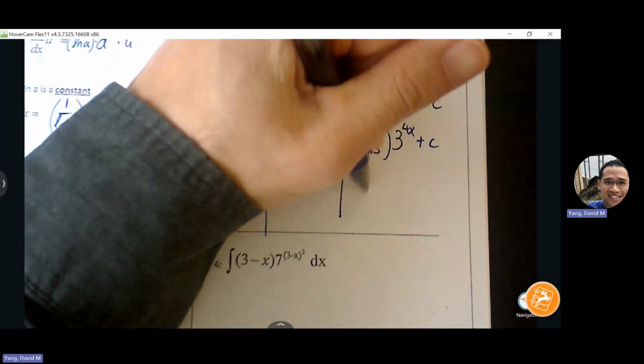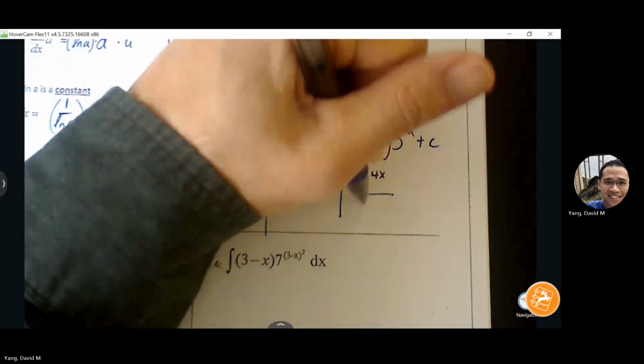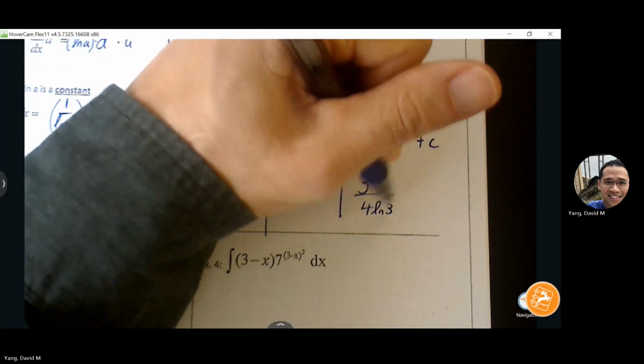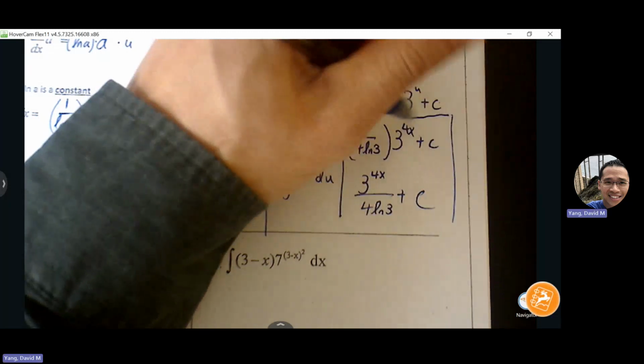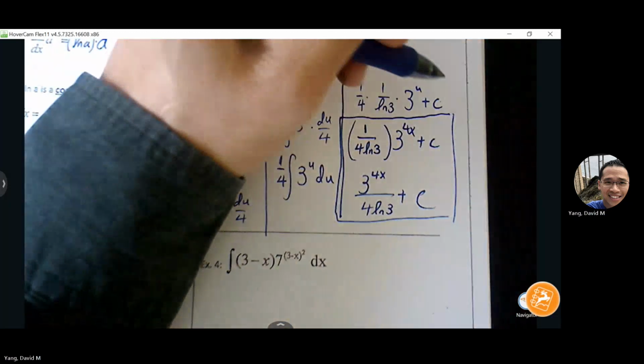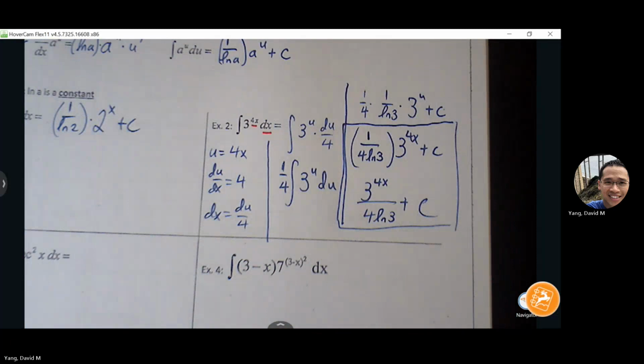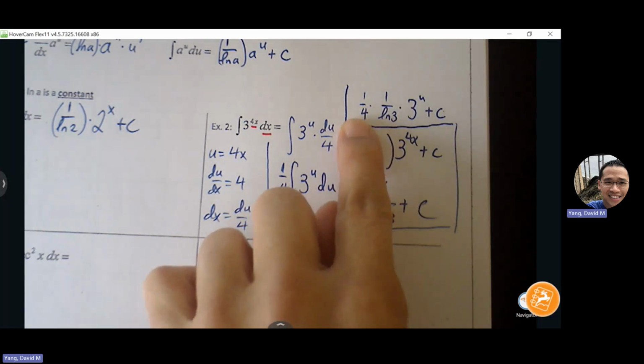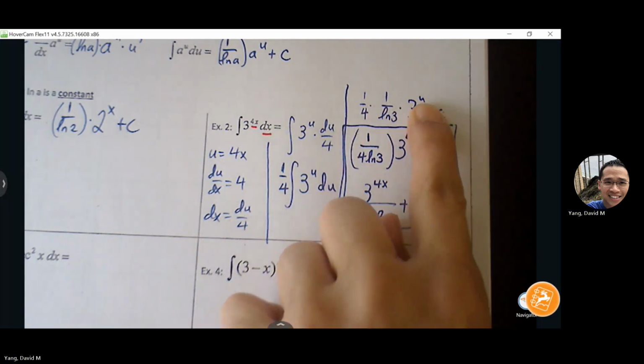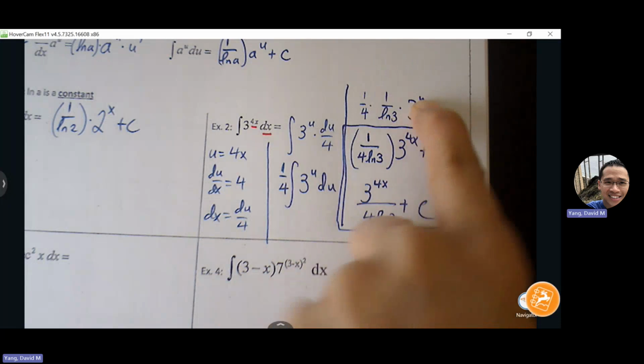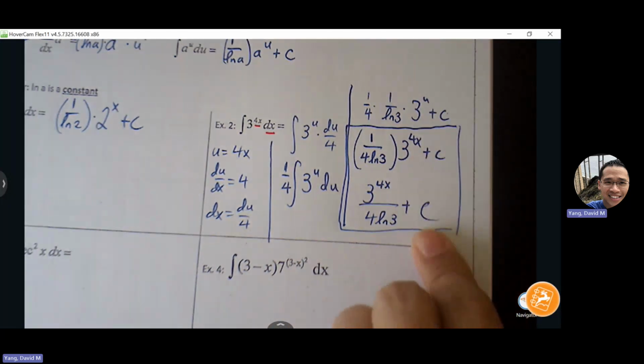You can even do this. That's fine as well. Any version. You can even have it spread out like this, raised to the 4x, just replacing u with 4x.